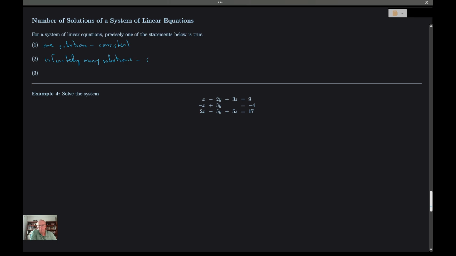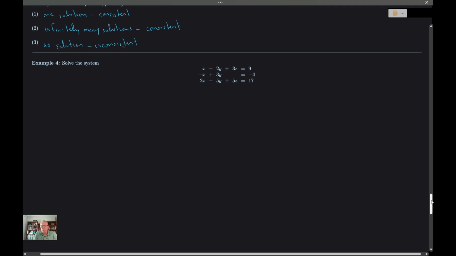This would also be a consistent system. All we mean when we say consistent is there is a solution, at least one. So you either have one or infinitely many, and then the last possibility is no solution. In that case, it is inconsistent. So an inconsistent system has no solution.